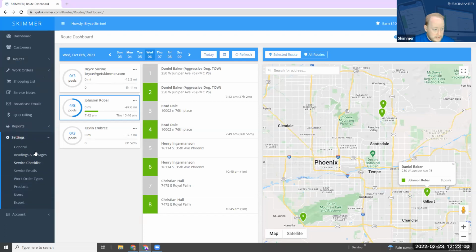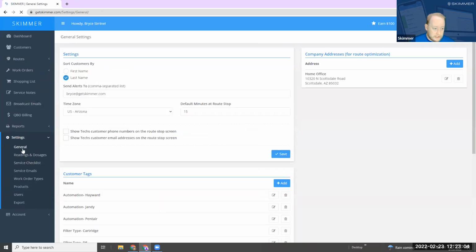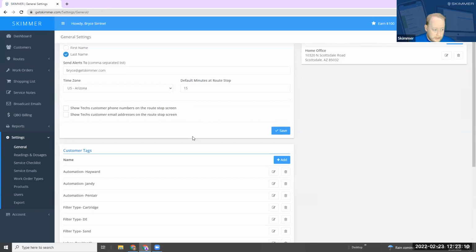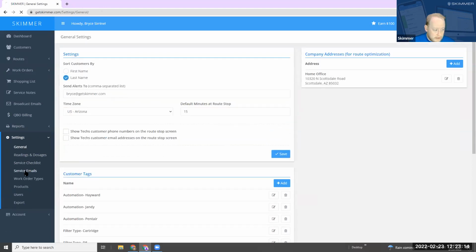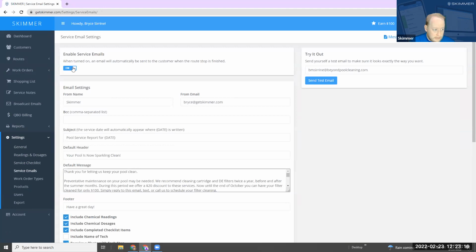Because it sounds like what they're asking really isn't so much about broadcast emails as much as service emails. Yeah. So that's super easy to set up. It's under service emails here under settings, and basically just toggle this on and you're in business.